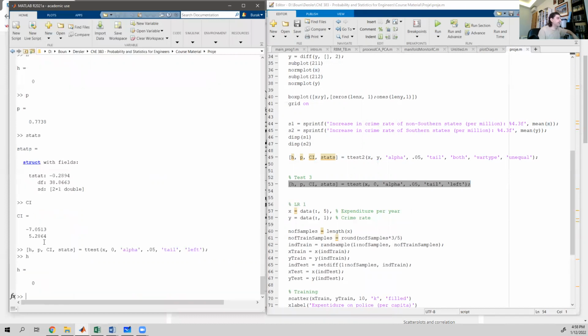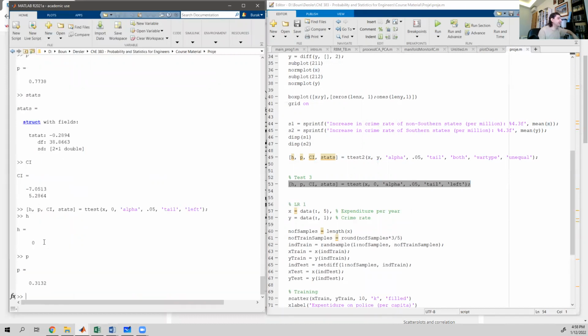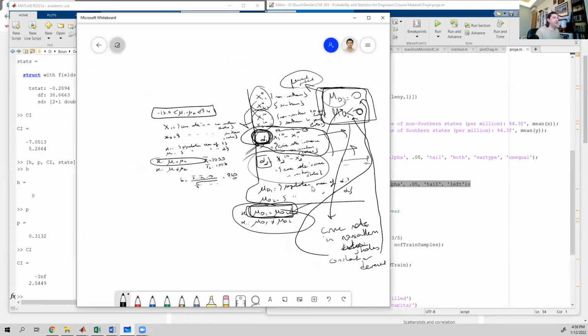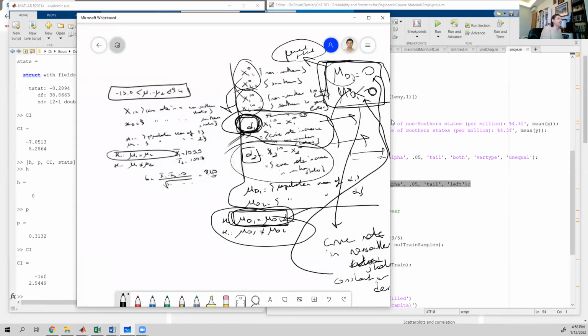Let's see. Again, the null hypothesis is not rejected. The p-value is slightly smaller this time, but still. As you can see, this is a one-sided test. That's why, from minus infinity to 2.55, some of you were a little bit confused about whether to take the upper or lower bound. Here we are interested in the d value, smaller than the upper bound, with probability equal to 0.095. So what we obtain is the interval from minus infinity to the upper bound.